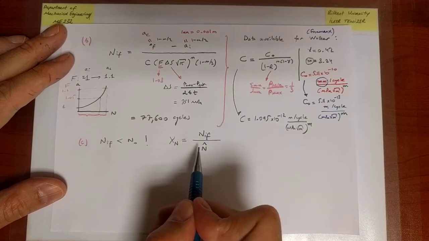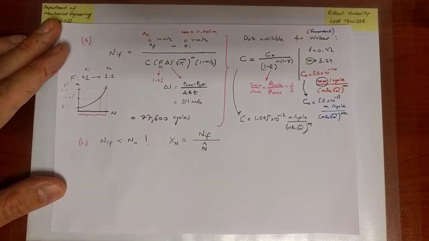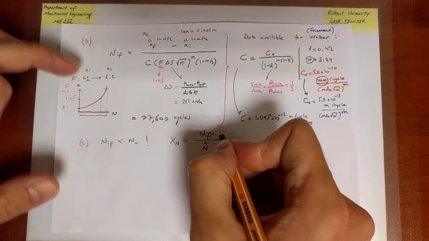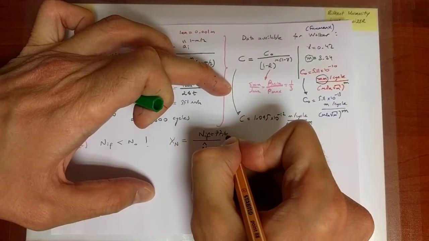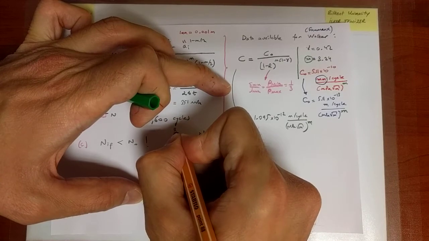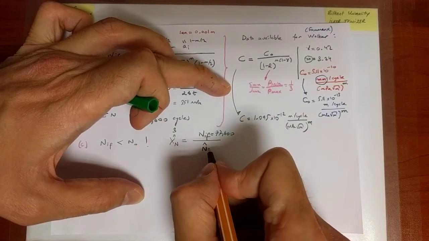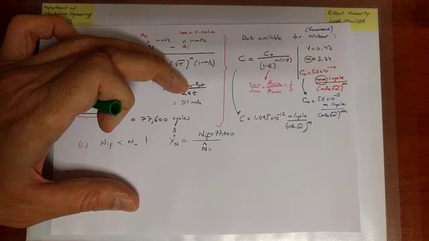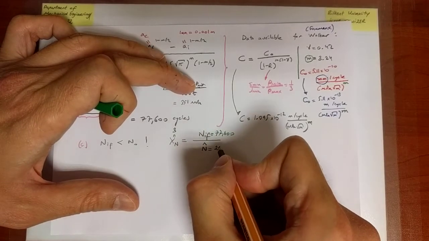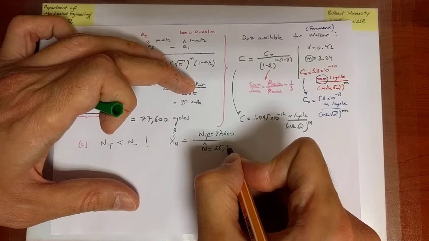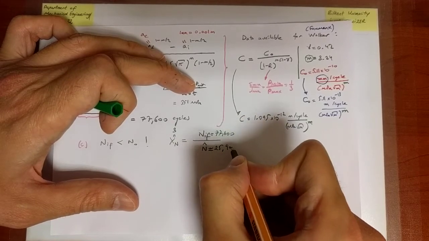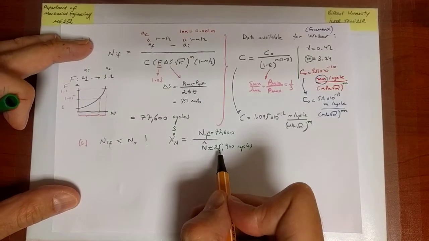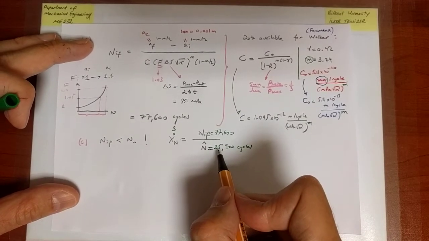That's therefore when I should do service. So N_IF is 77,600. The safety factor is 3. So the life for service is approximately 25,900 cycles. So that's when you do your service.